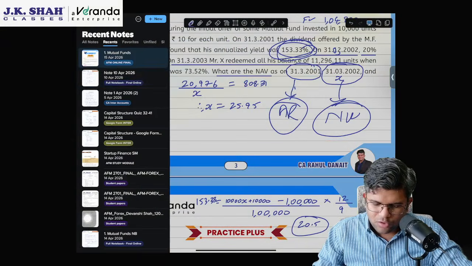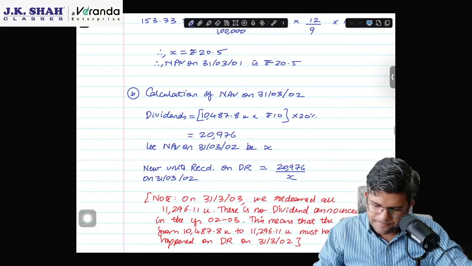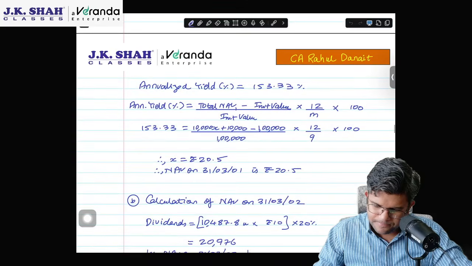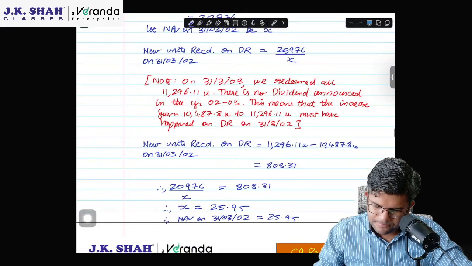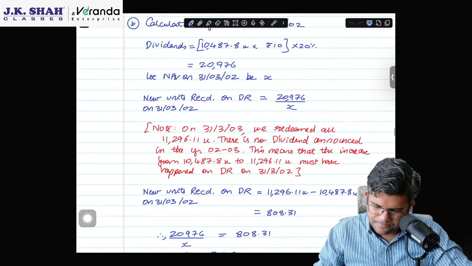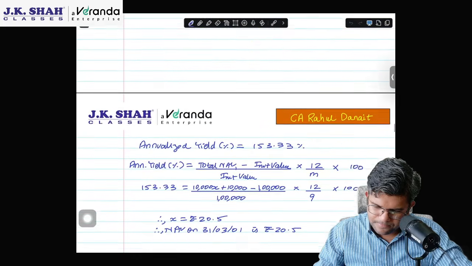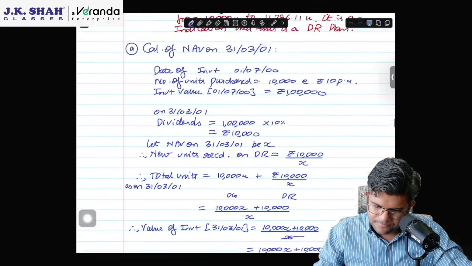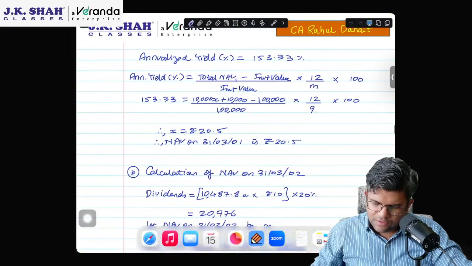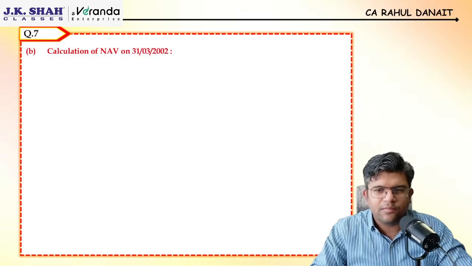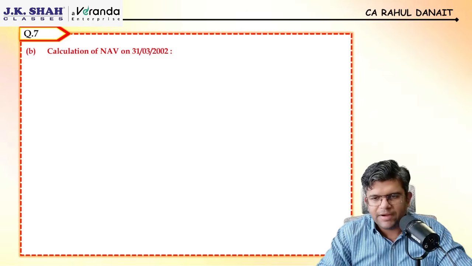In your notebooks, first of all, there is some missing line. Okay, do one thing. I'll dictate something. Write down point number B, give heading.